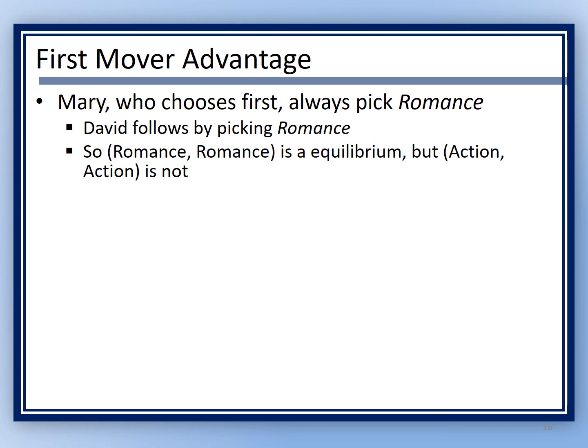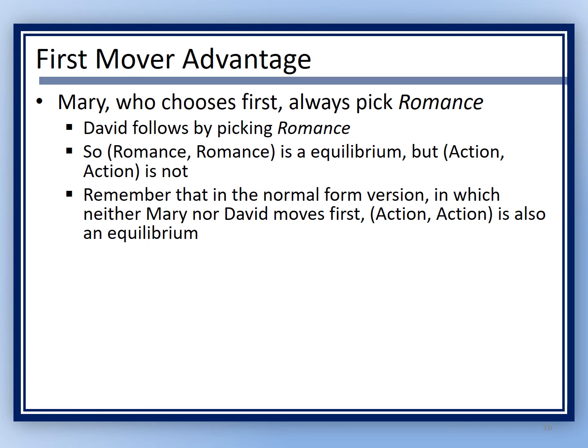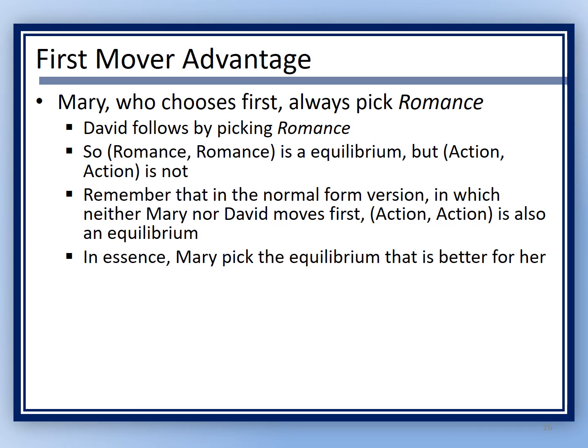In the extensive form game, in subgame perfect equilibrium, only romance is the equilibrium. When they move together in the normal form game, action is also equilibrium. So we actually have gone from two equilibria into one equilibrium. In some sense, you can say Mary is picking the equilibrium that is best for her.